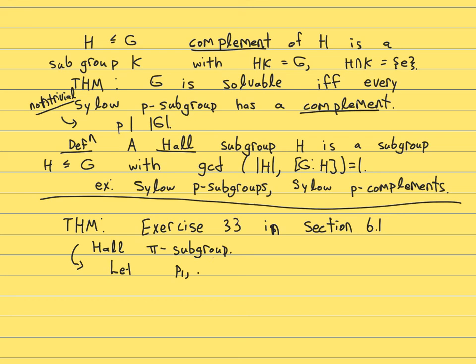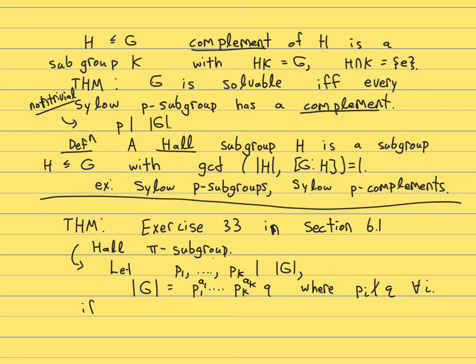Suppose you've got a collection of primes that divide the order of G. And so you've managed to write the order of G as p1 to the a1 up to pk to the ak, times q, where none of the primes divide q. You know that you can do this. This is your set of primes. You've taken some of the prime divisors of G, just any number of them. You're looking at that collection of the prime powers.